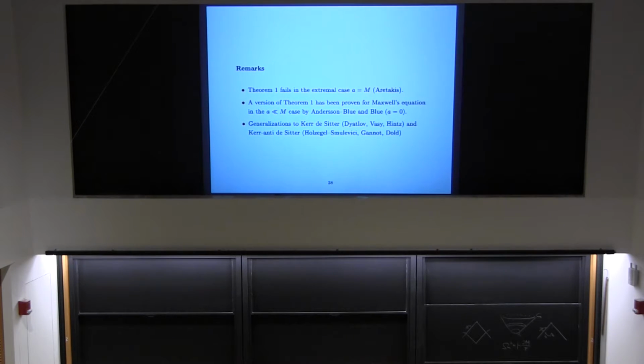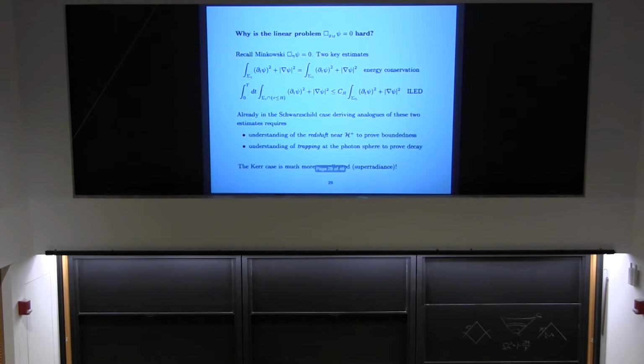You can try to go away from the scalar problem and prove something for Maxwell's equation, which has been done at least in the slowly rotating case. And you can also look at other backgrounds, so spacetimes with cosmological constant. Well, there's some surprises there in terms of the decay, but that's not the topic of this talk.